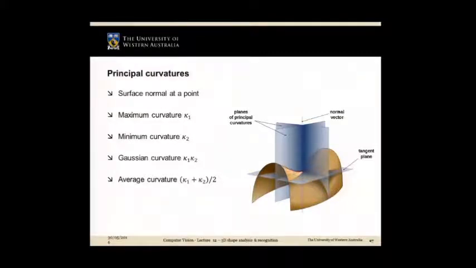Then using these curvatures, you can calculate Gaussian curvature by just multiplying your minimum curvature with the maximum curvature. And then you can also calculate average curvature. These curvatures have been used a lot in different techniques for analyzing the shape of the object, and for different tasks like recognition. We have one example in the upcoming slides, right?